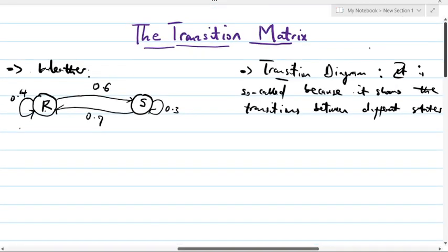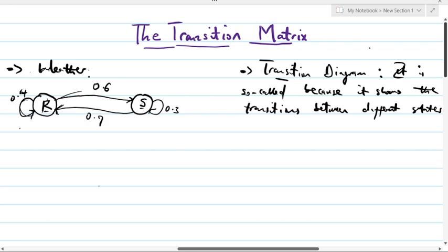Here the two possible states we have are R, that is rainy, and sunny. The arrow edge denotes the transition. This arrow going back to R means it's moving from R to R. This one means it moved from R to S. This arrow means it moved from S to R, and so on.